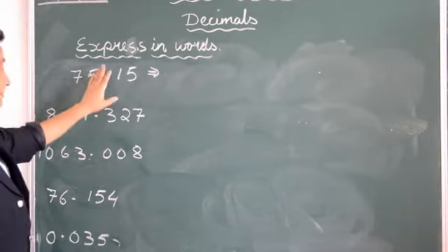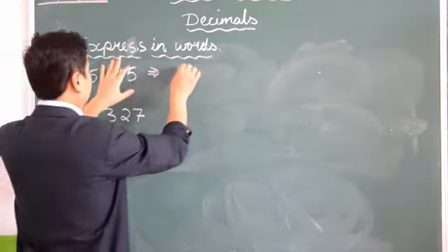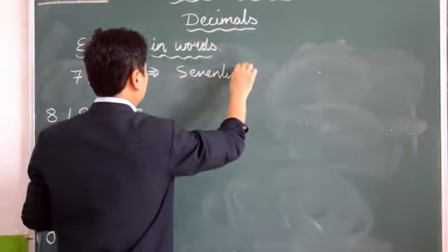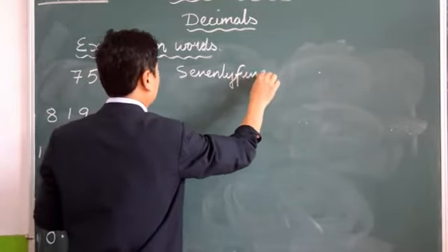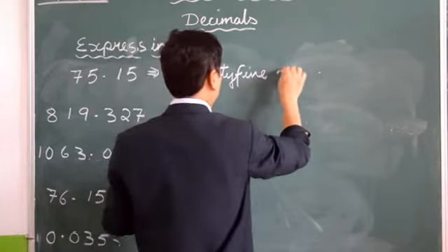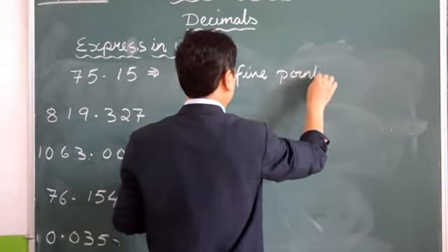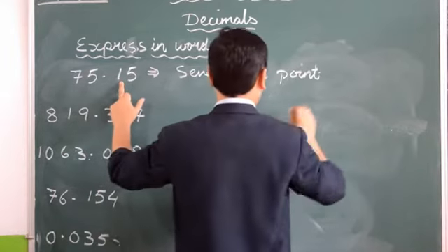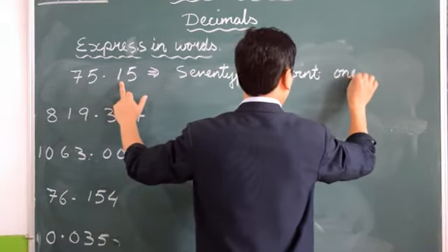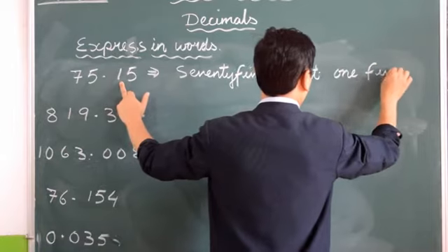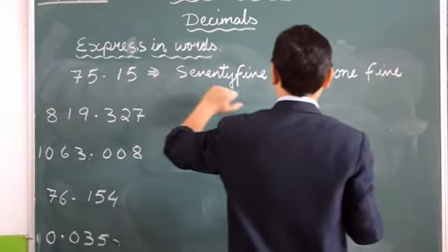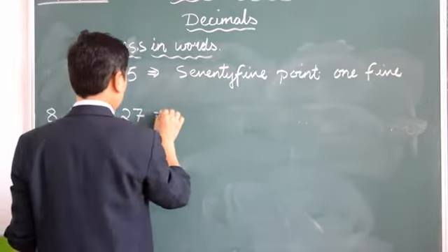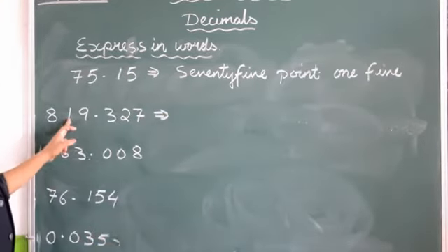Before the decimal point, 75. What do you see now? Point. Take the numbers individually, one at a time. 1, 5. So 75.15. Let's look at another number. Tens, hundreds.